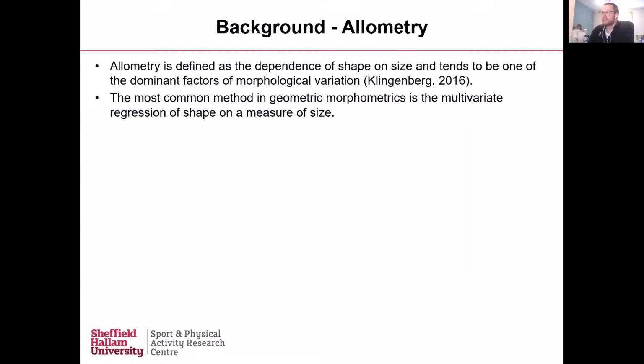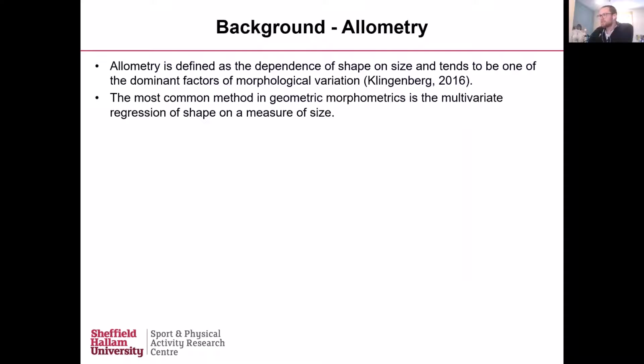And finally, allometry, the first word in that long title, refers to relationships between the size and shape of objects or organisms, and is one of the dominant factors of morphological variation.